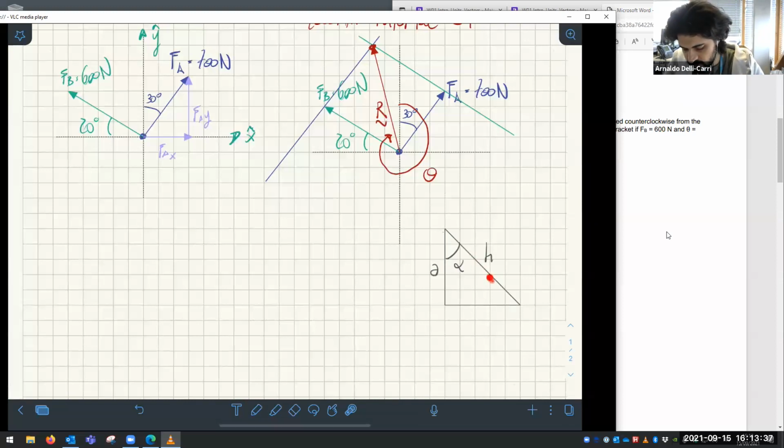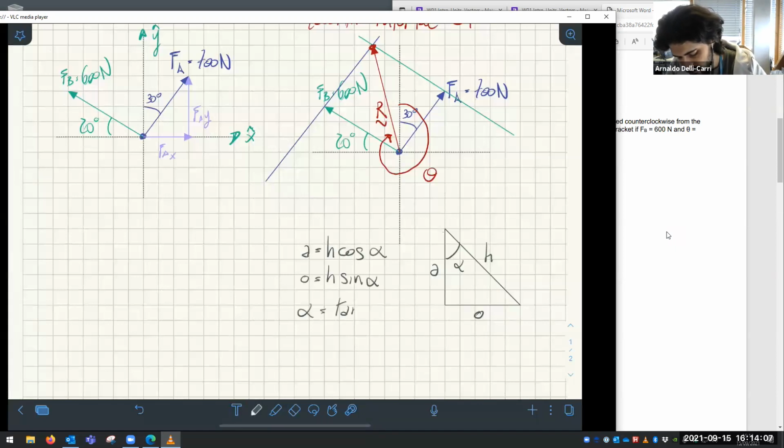So the hypotenuse and the adjacent edge form the angle that we know. And then, of course, we also have the opposite edge that we can identify. And if this is true, then all these relationships are true. The adjacent edge is the hypotenuse times the cosine of alpha. The opposite edge is the hypotenuse times the sine of alpha. And alpha itself is the arctangent of opposite divided by adjacent.